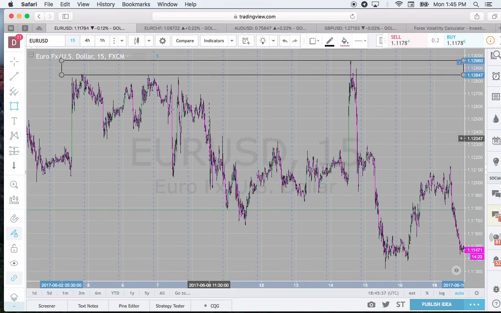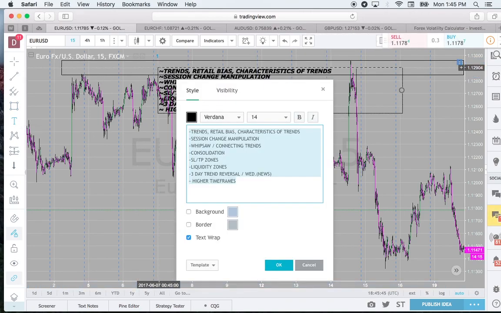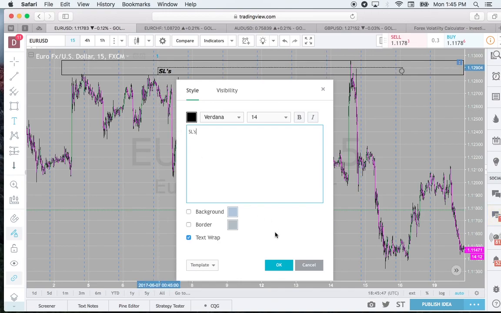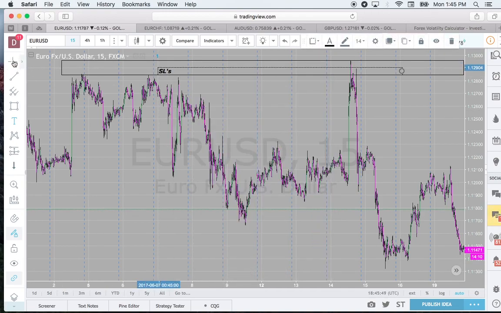Okay, we talked about before, there is a big sum of stop loss orders up here of sellers. What else is above here? Buyers, right?